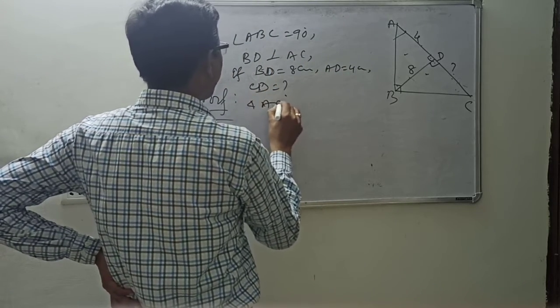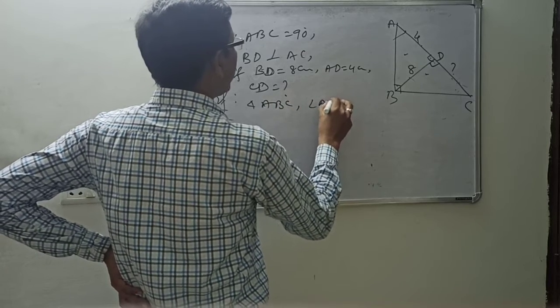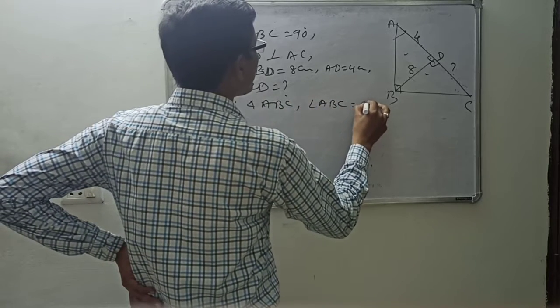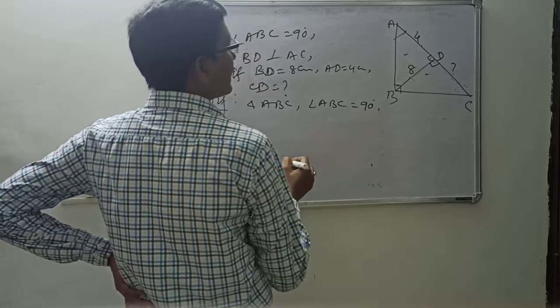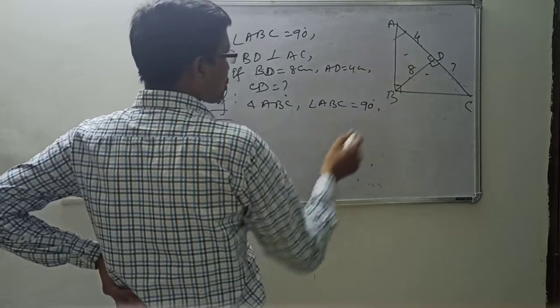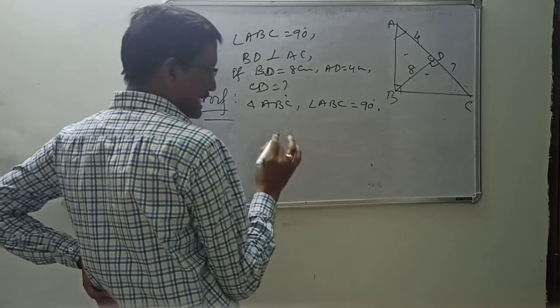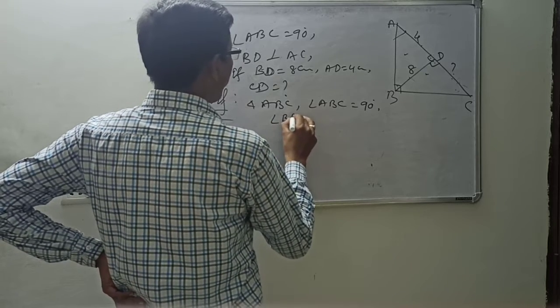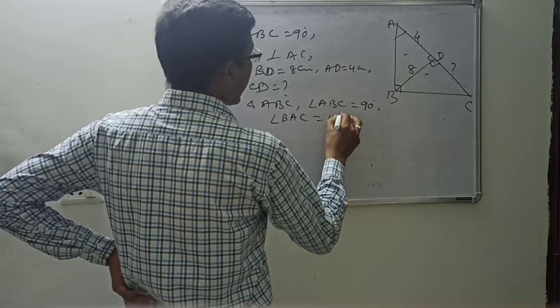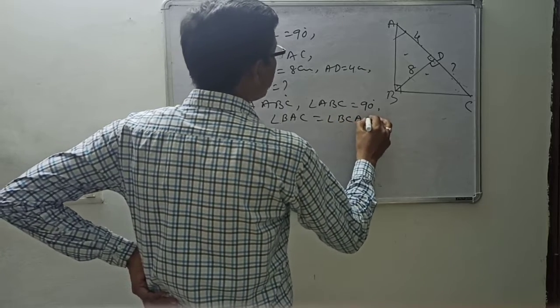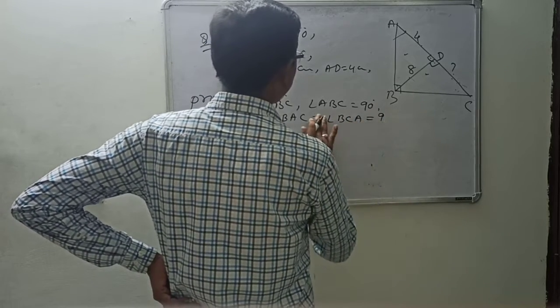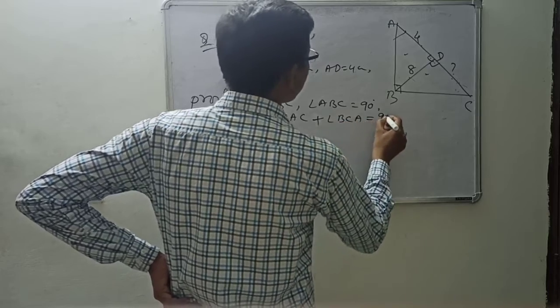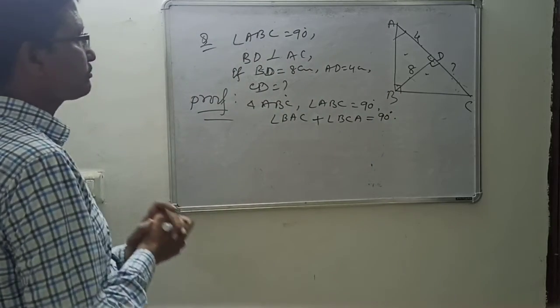In triangle ABC, angle ABC equal to 90 degree. That means the rest two angles' sum is equal to 90 degree. In simple language, angle BAC and angle BCA, whichever way you say, their sum is 90 degree.